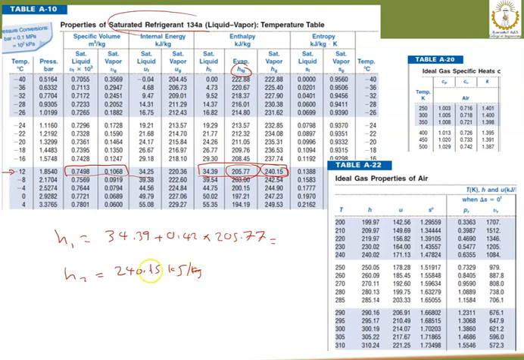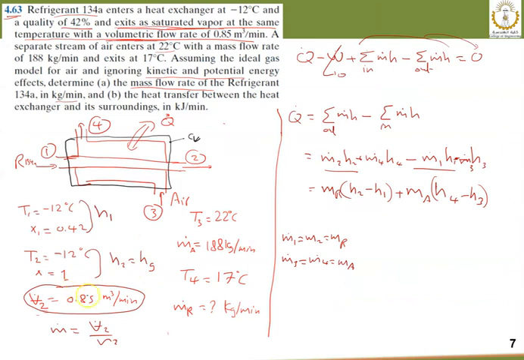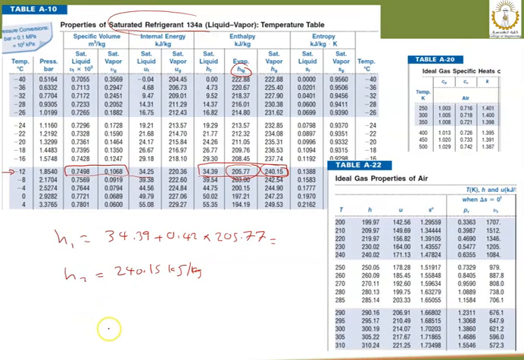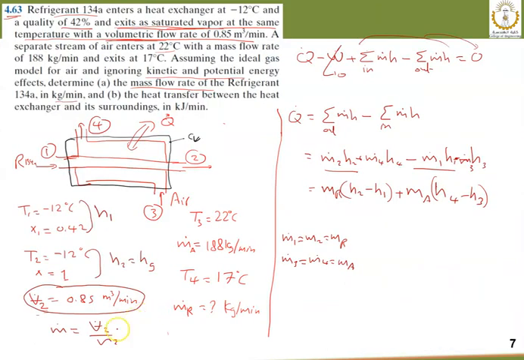And v2 equals vg, and that's 0.1068 cubic meter per kilogram.